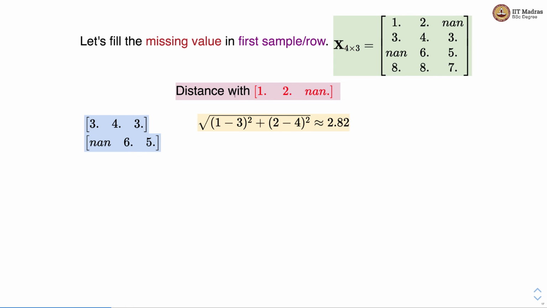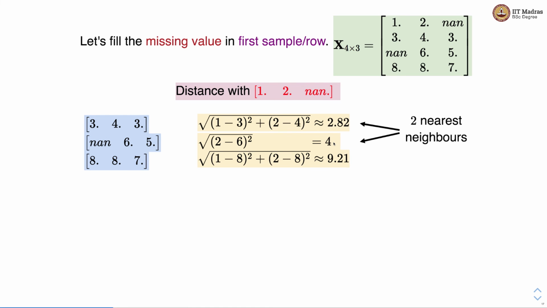Next we calculate the distance between the first sample and the third sample. We will be calculating the distance of the first sample with every other sample in the dataset. Here there is a NaN, so we do not consider that, and we only have the second feature to consider for calculating the distance, and it is 4.